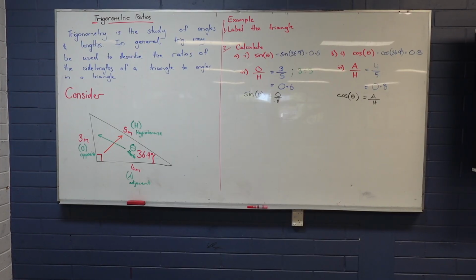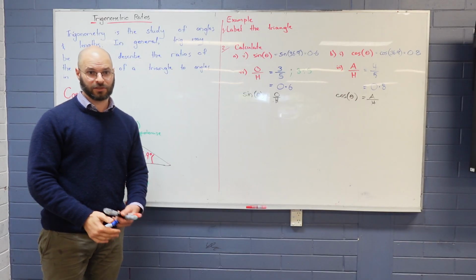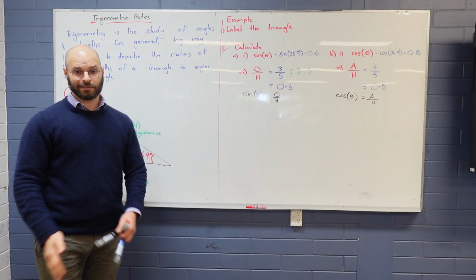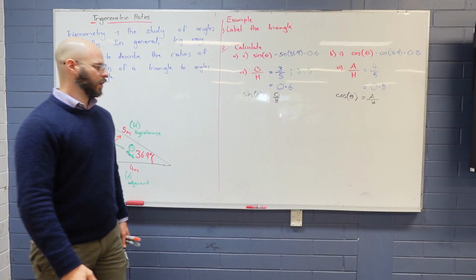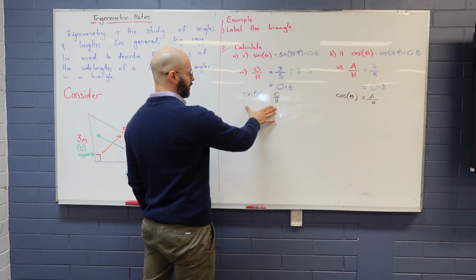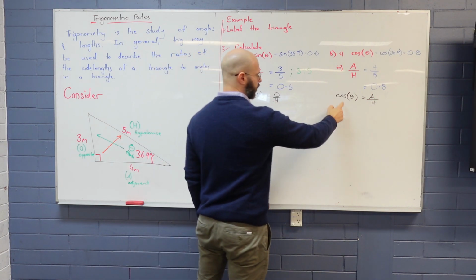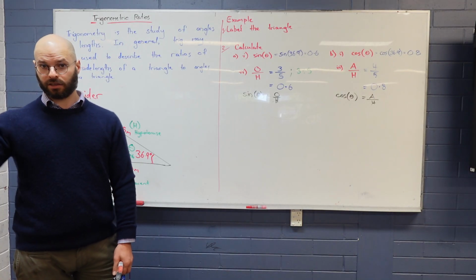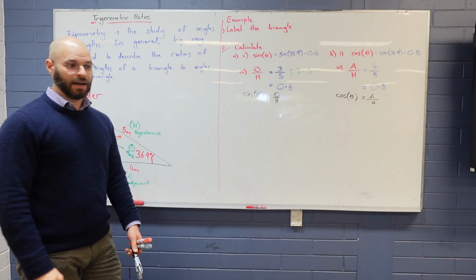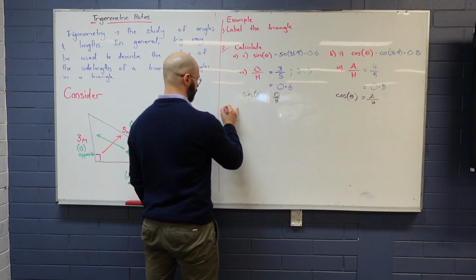This won't make sense until you choose to do Year 10 Advanced in second semester of next year. Otherwise, it's just going to be something you know. Okay, so what we discover is that there are ratios. Sin of theta equals O over H. Cos of theta equals A over H. These are called the trigonometric ratios.